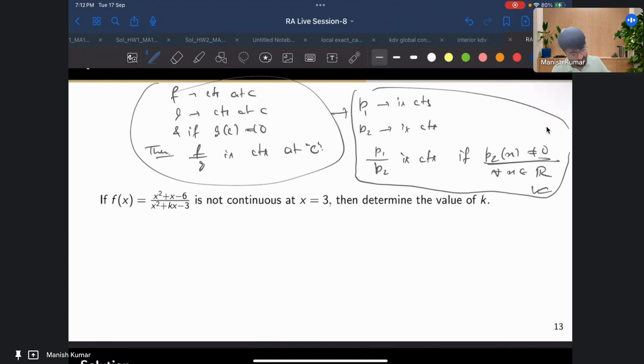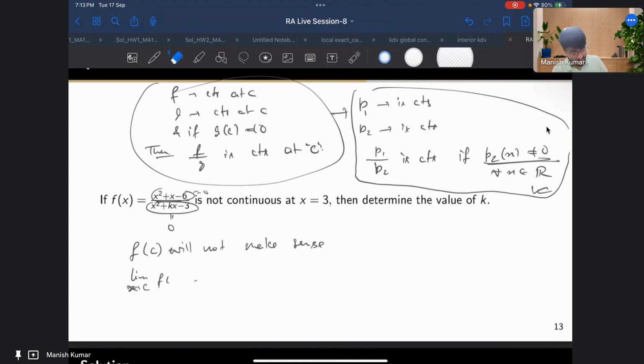So this is continuous if the denominator is non-zero. Even when it is 0, you cannot make sense of it, obviously, because if this quantity is equal to 0, then f at that point c will not make sense. This limit might make sense.